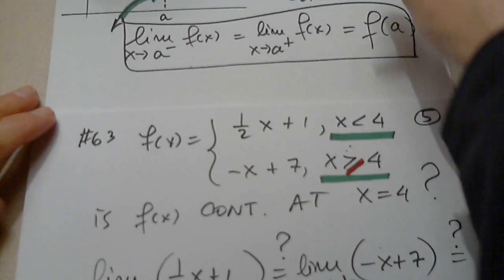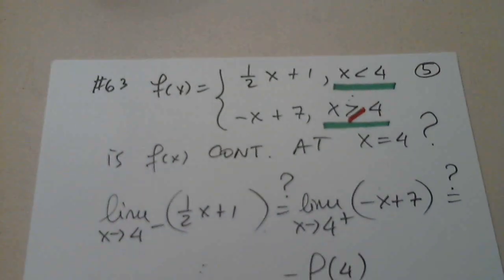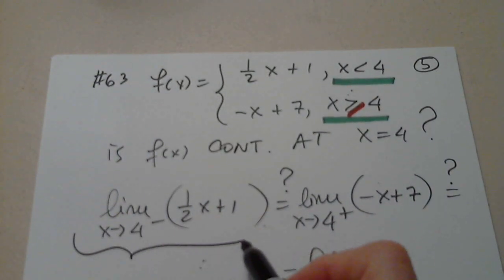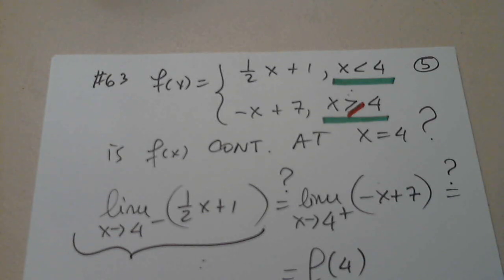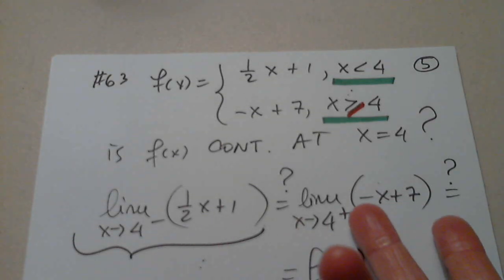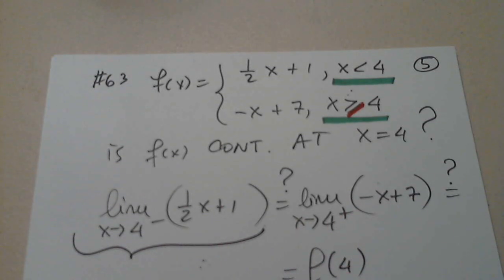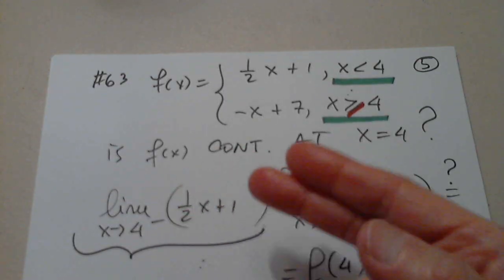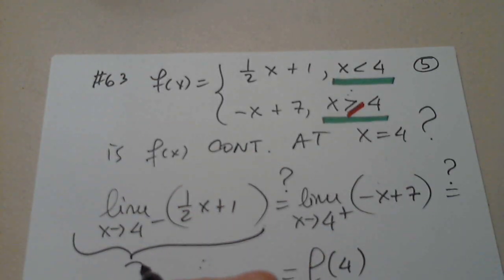Okay, perfect. Now, let's calculate. Can anyone give us this limit? It's a piece of cake because these are polynomial functions. What will you say about the limit as x approaches 4 from the left? So, perfect. So 4 times 1/2 is 2. 2 plus 1 is 3. Very good. So this is 3.